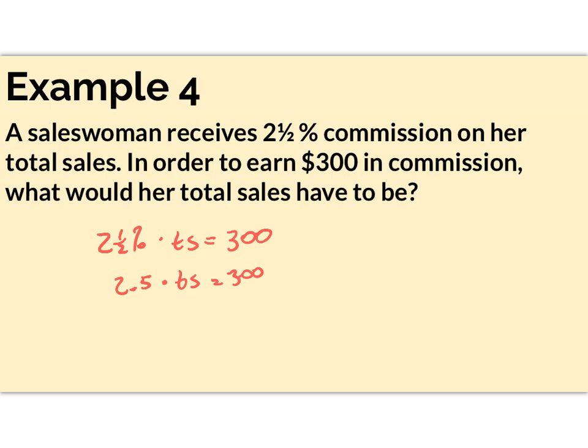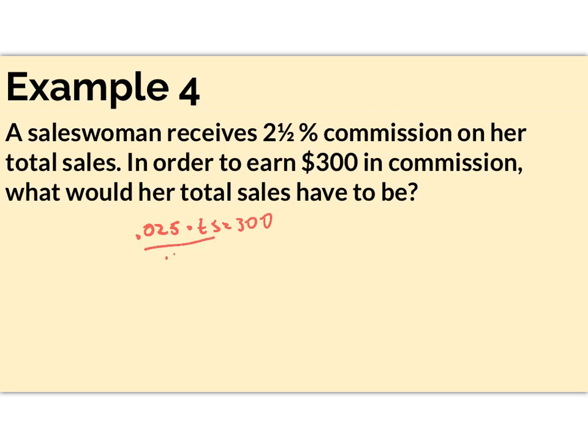So changing that from a percentage to a decimal, you got 0.025 times total sales equals 300. So we're going to divide both sides by 0.025. Her total sales will have to be $12,000 in order to make $300 commission.